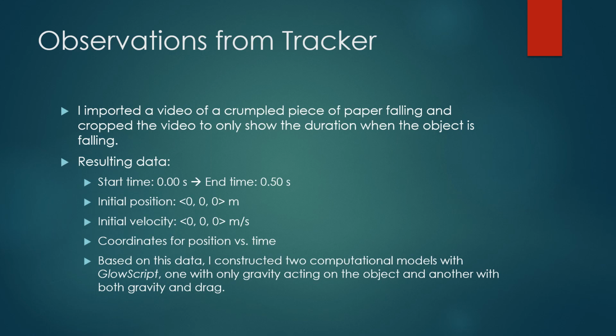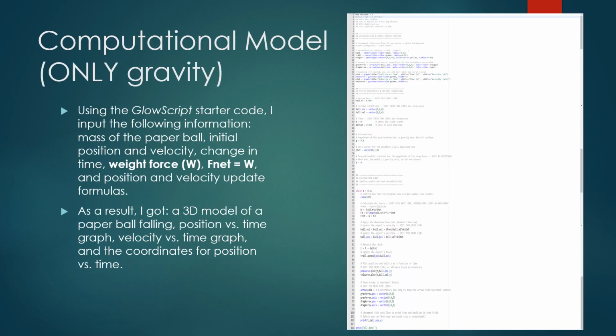So here's some of the resulting data that I just mentioned. Using this data, I constructed two computational models with GlowScript, one with only gravity acting on the object and another with both gravity and drag force. It is rather hard to see in this slide, but using the starter code from GlowScript, I input the following information.